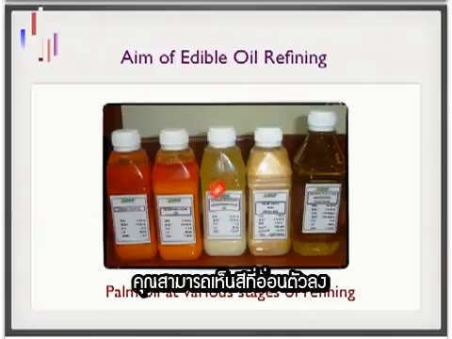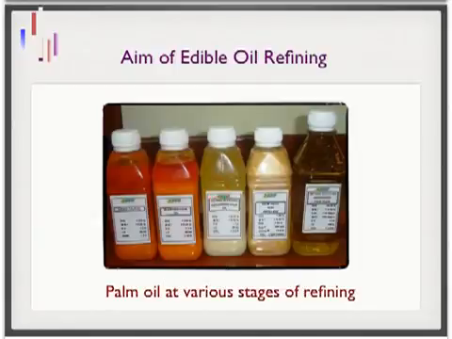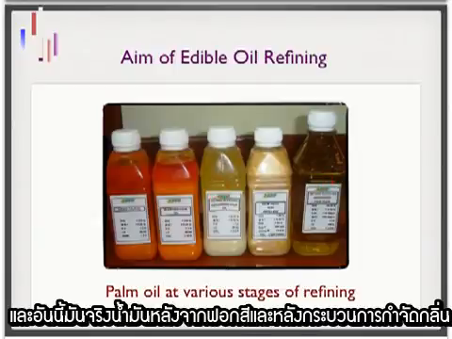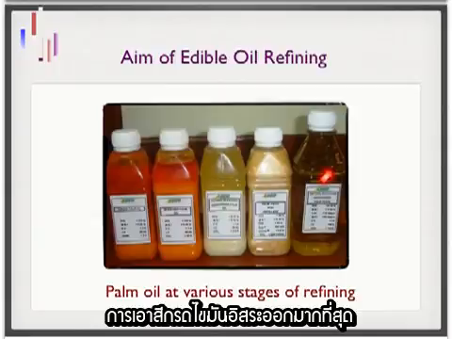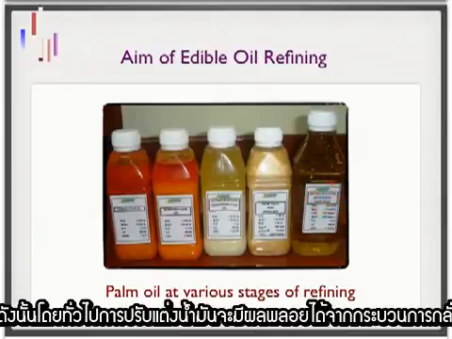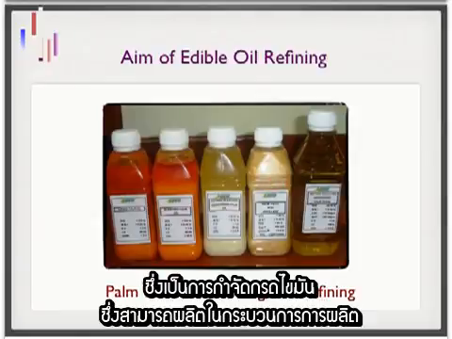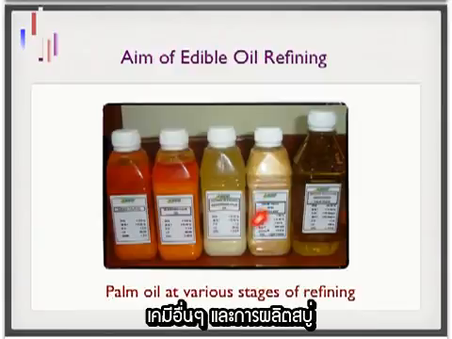You can see the color is much lighter. And this one is actually the oil after bleaching and after the deodorization process to remove as much as possible the color and the free fatty acid. So this is basically the refined oil, and this is the byproduct of the refining process, which is the fatty acid distillate, which can be processed further to produce other oleochemicals and to produce soap.